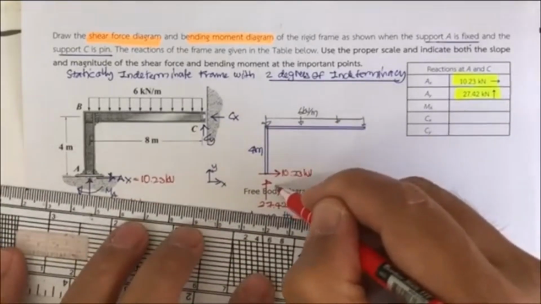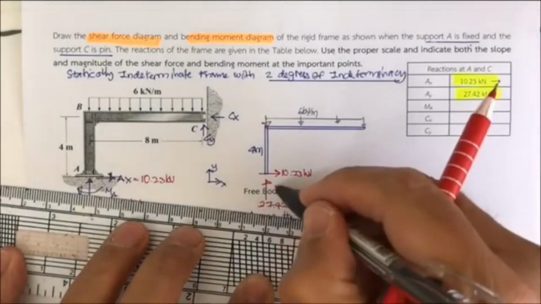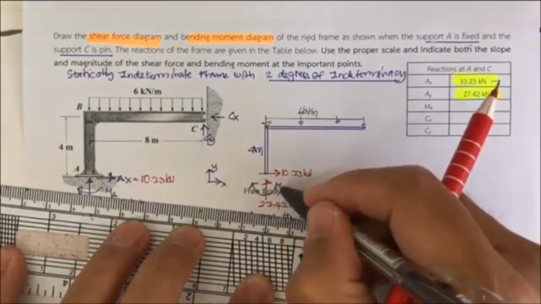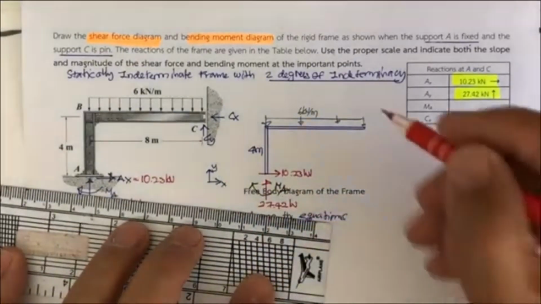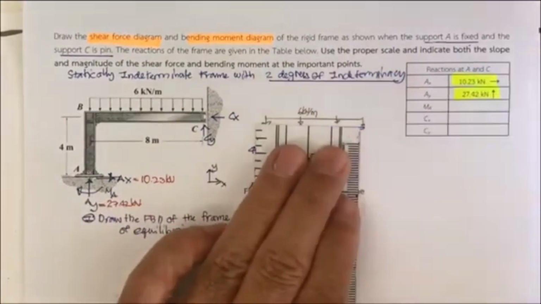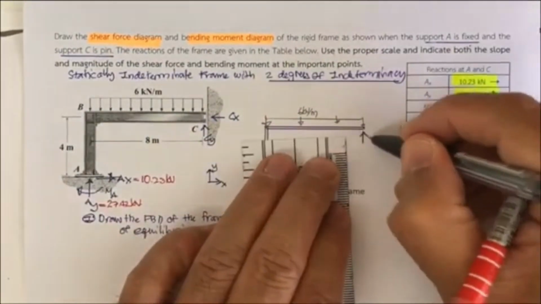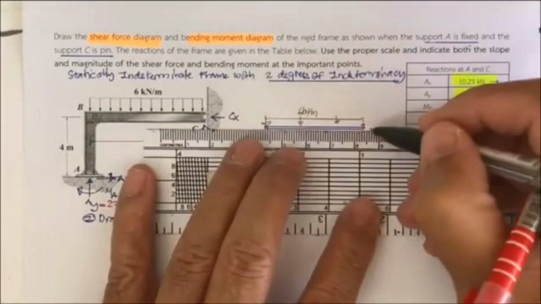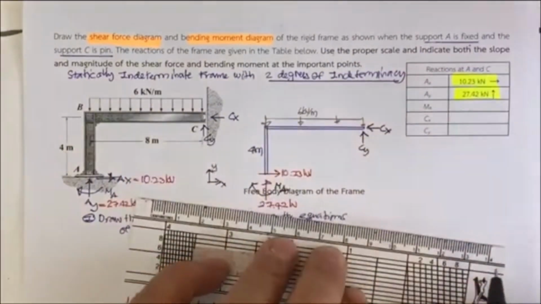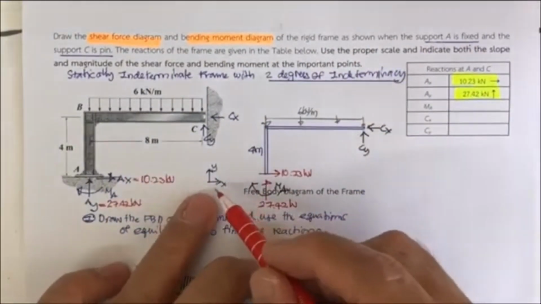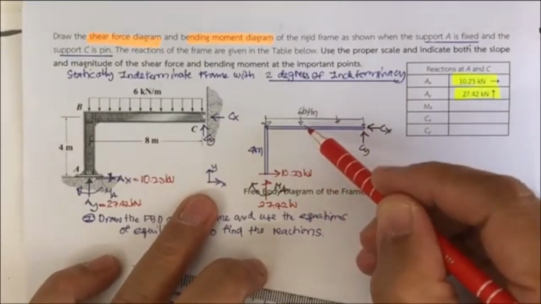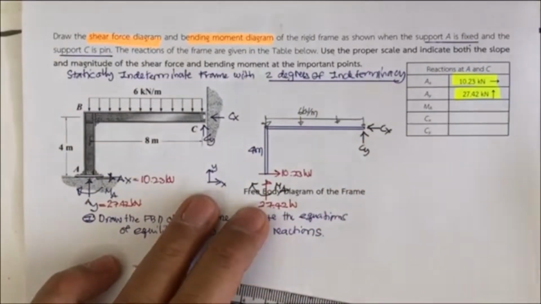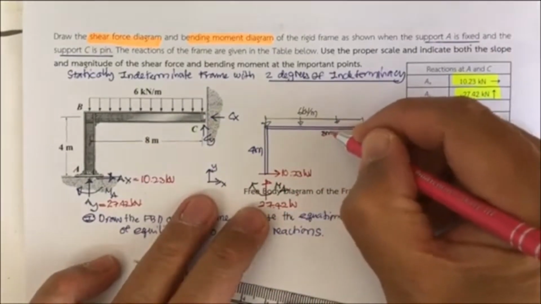And then we have the unknown M sub A here, rotated clockwise. And in this support, we have C sub y and C sub x. Okay, we have the reference axis, the free frame, the applied forces, and the unknown forces, and this is 4 meter and this is going to be 8 meter.